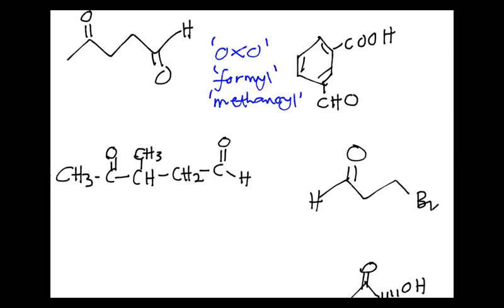So let's try naming the following compound. And one thing we also have to take note of is that aldehyde has a higher priority than ketone. So we follow that when we are naming.